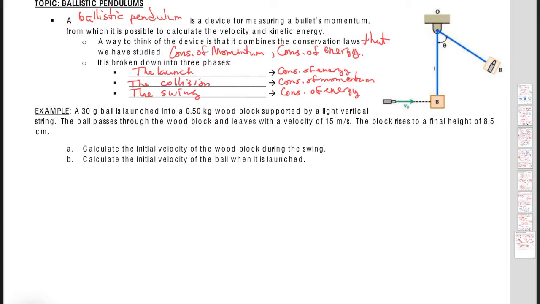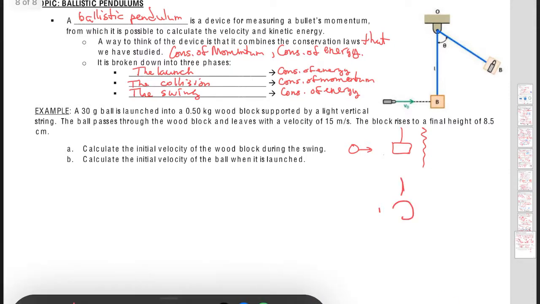If we just want to do a before and after picture, let me draw that bigger. Here's my ball heading towards my block. That's before, so all the momentum is with the ball, and none with the block.